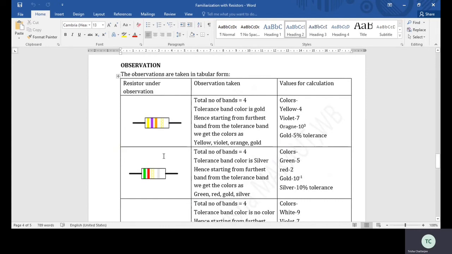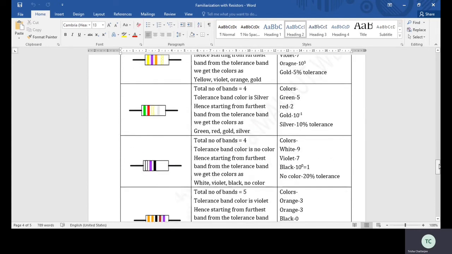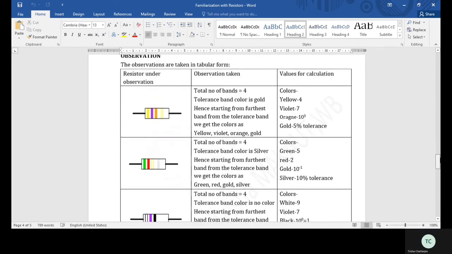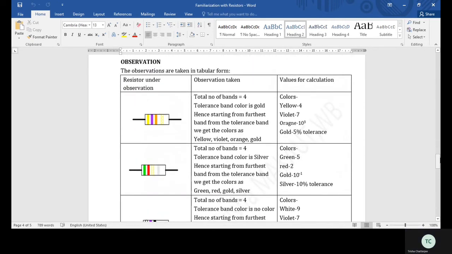So I have taken four register values for the observation. Here you can see this is a 4-band register. We can clearly see the 4 bands.